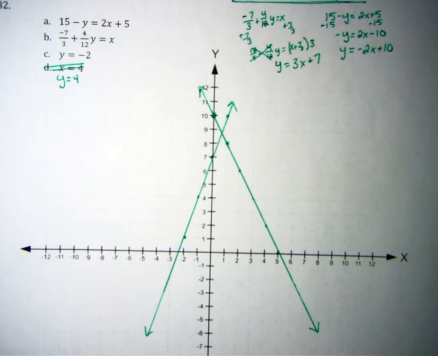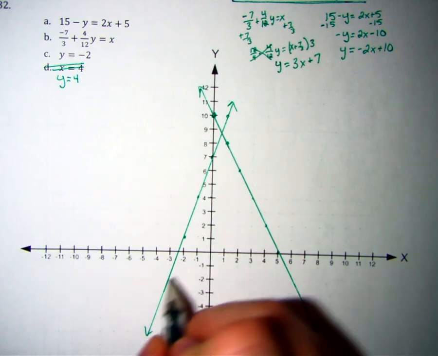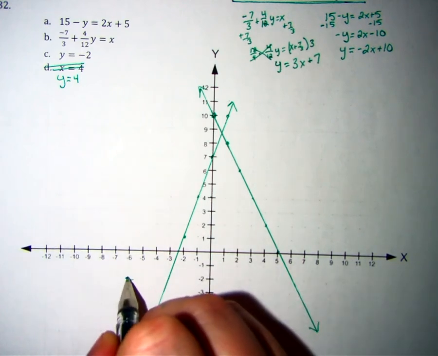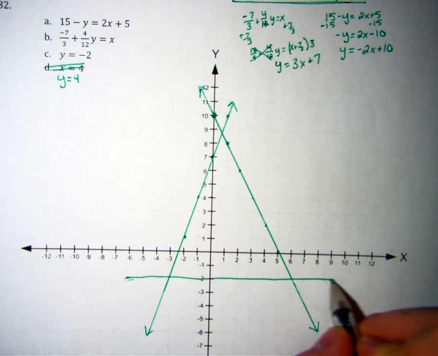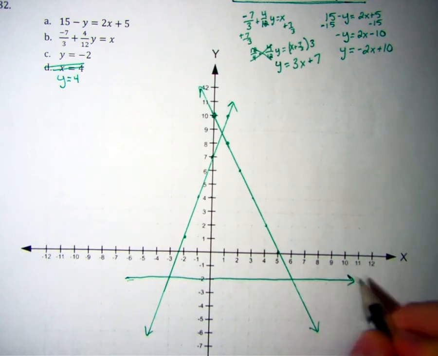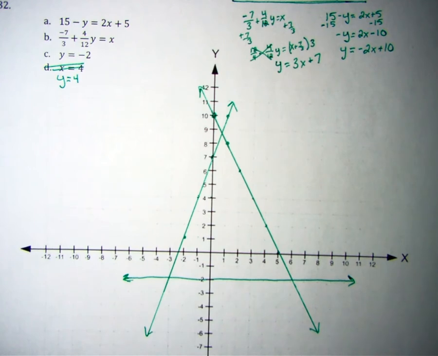Now for the equation y equals negative 2. y equals negative 2 gives us a horizontal line with absolutely no slope. So we're looking for negative 2 to be there. And the last one that we changed, y equals 4.